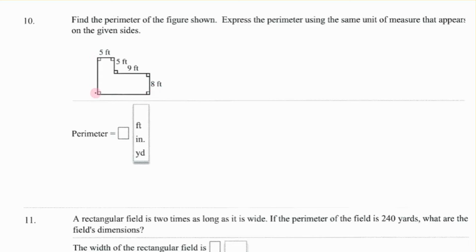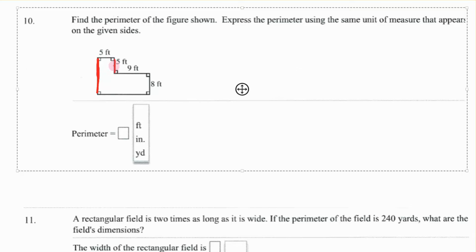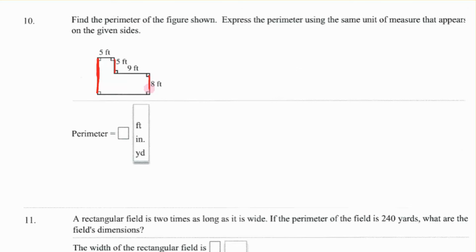Now, the vertical side, I'm going to use color to try to make this clear. I am looking for this red side because I'm going to have to know all my numbers. Hopefully you could see that perhaps if you collapsed this, if you pushed it this way, that this piece and this piece would make up this piece.